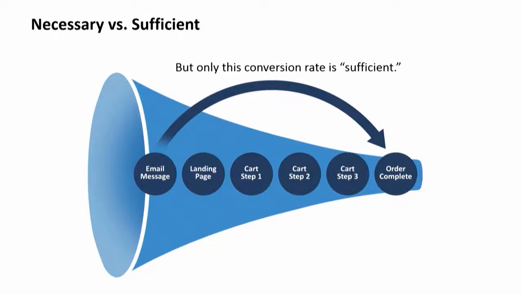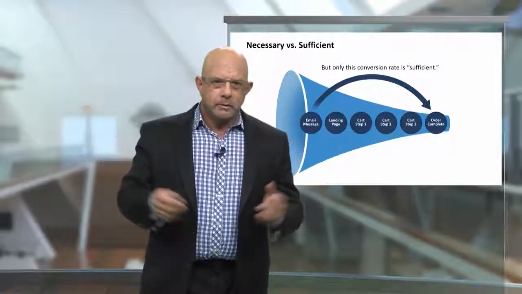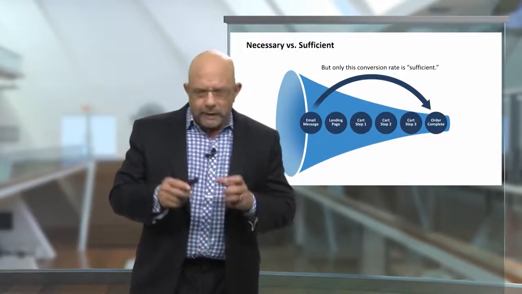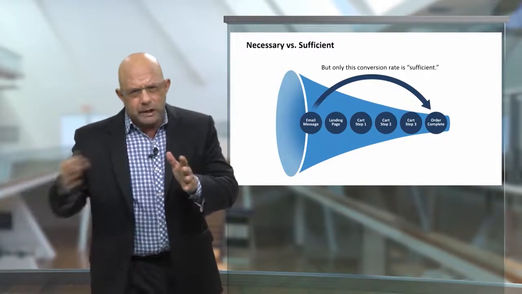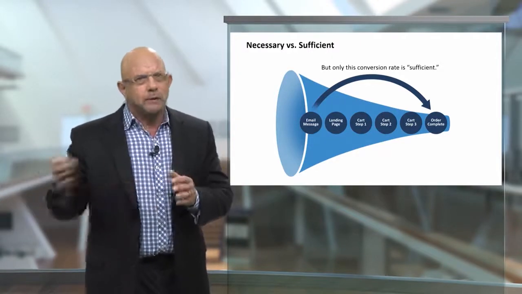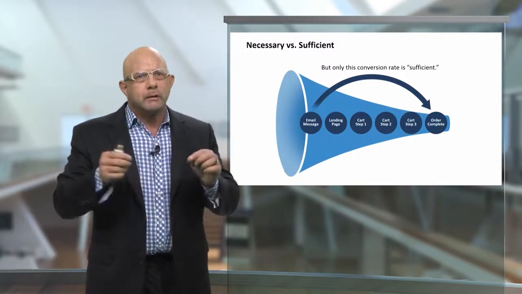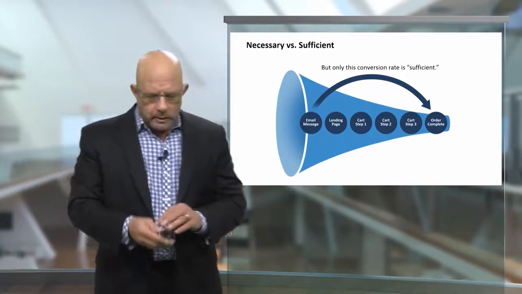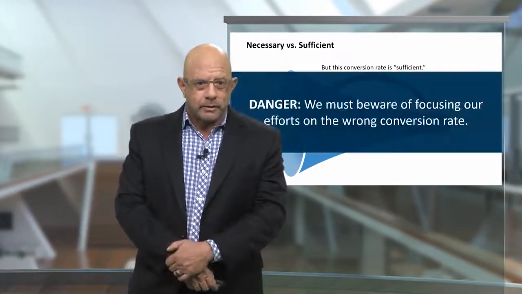If you can get all the micro yeses correct, you'll get the macro yes. It's very important, though, that if you lose just one of those necessary steps, if someone says no there, you lose them completely. So we have to optimize every juncture. In each of those are important conversion aspects of our research.